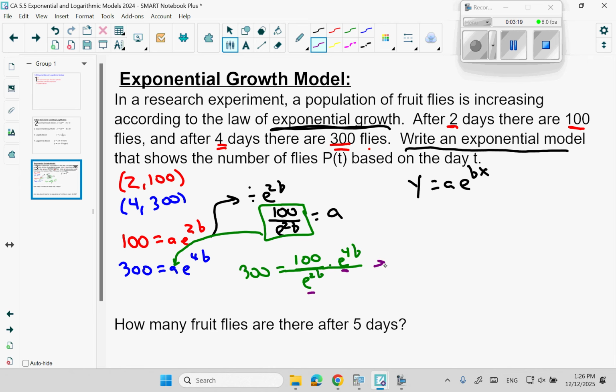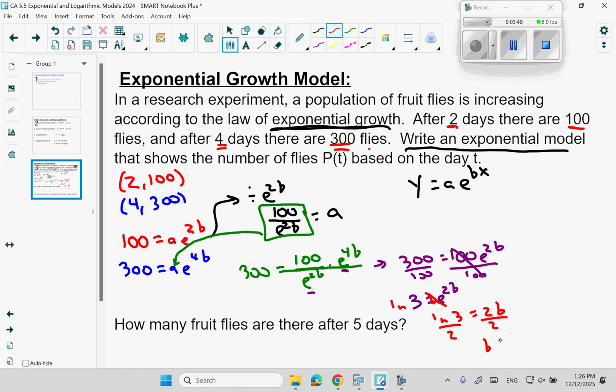So this all turns into 300 equals 100 times e to the 2b. Well, if I divide by 100, divide by 100, we get 3 equals e to the 2b. To get rid of an e, we can natural log both sides. So we get natural log of 3 equals 2b. Therefore, b equals the natural log of 3 divided by 2.